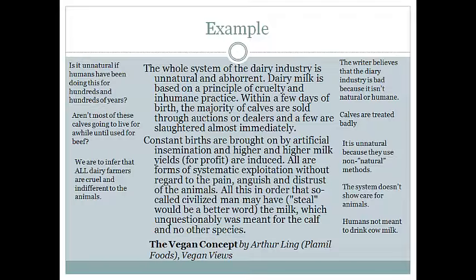Another thing is you'll definitely notice some of the loaded words: cruelty, inhumane, unnatural, the pain and the anguish, and that we should be calling it steal rather than acquire the milk. Words like that play with our emotions a little bit. Again, we'll talk about pathos, the emotional appeal, which is also one of your vocab words.